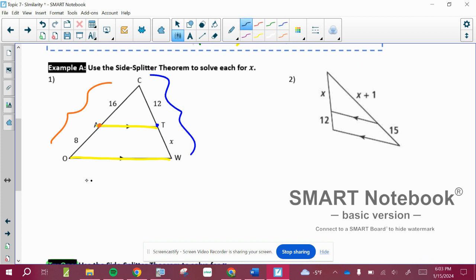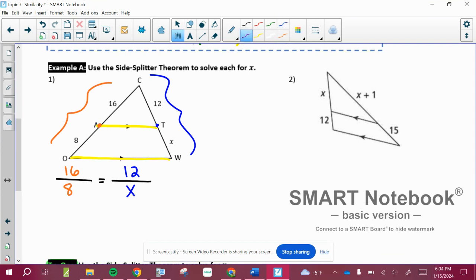So our theorem says that this makes a proportion. The two pieces from the left side, 16 and 8, are proportional to the two pieces from the right side. Now make sure you go in the same order. I did my first fraction top over bottom, 16 over 8, so I have to go top over bottom, 12 over x.